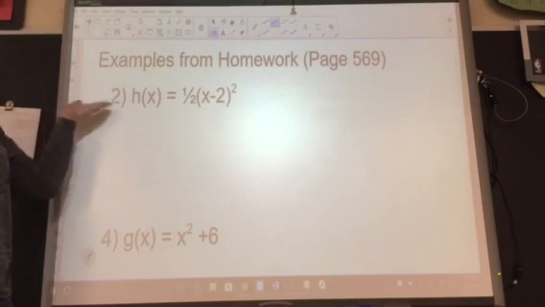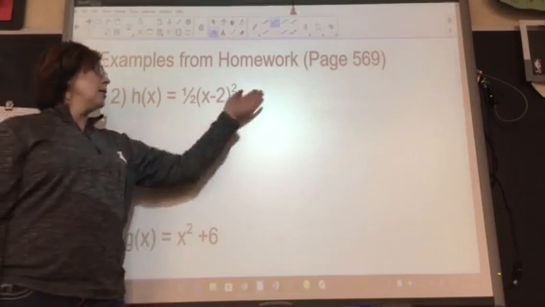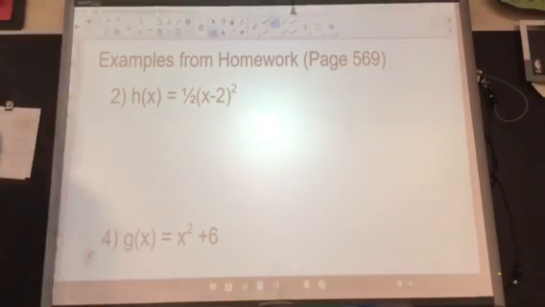So the directions ask you to tell me what is going on in this graph. Explain this graph, and I'll read the directions exactly. The directions for number 2 say, describe how the graph of each function is related to the parent function, or the graph f of x equals x squared.